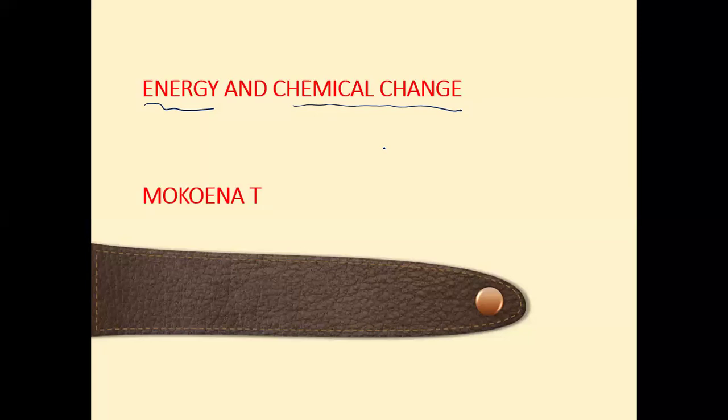So here, energy can be studied in many different forms and in different fields. We have studied energy in physics. Now we are studying energy in chemistry. But in this topic, the energy that we're going to talk about is the energy in chemical reactions.